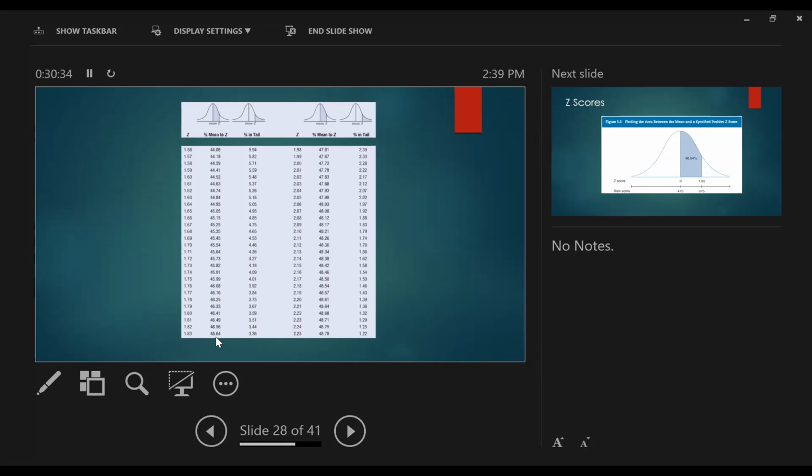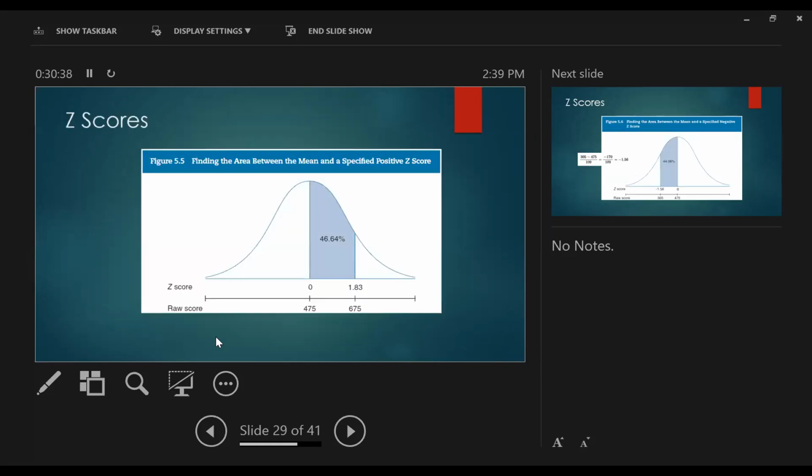46.64, okay? Now, if I wanted to make sense of that, here's what it would look like. My mean is at 0 for a z-score. The z-score for this particular one, 675, is 1.83. So I know that this area is 46.64%.